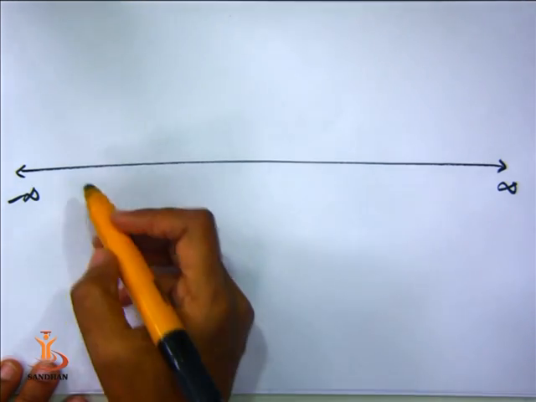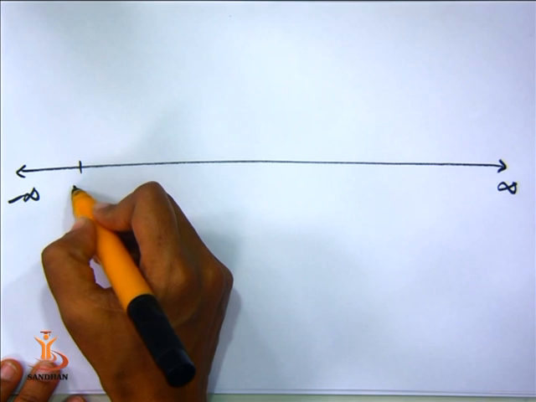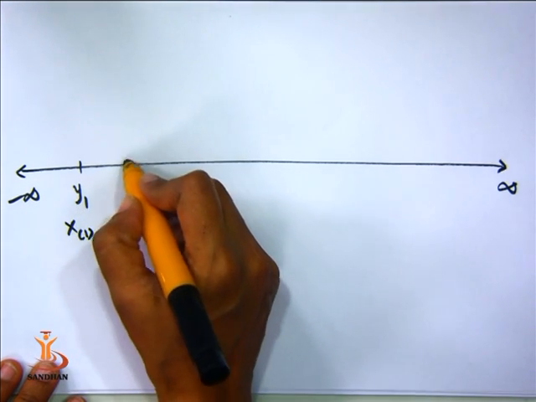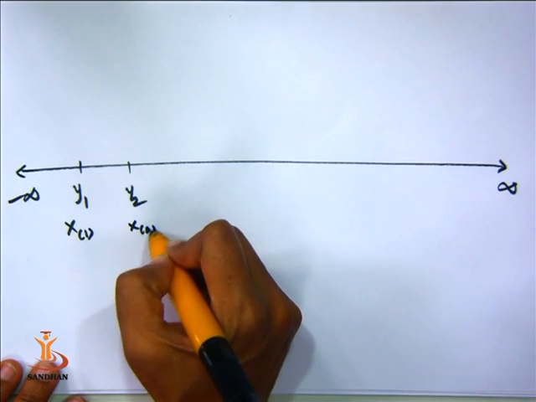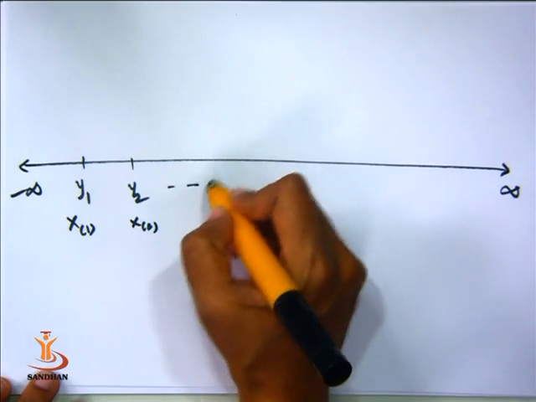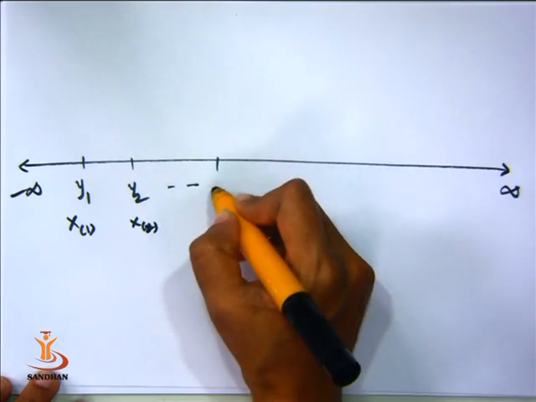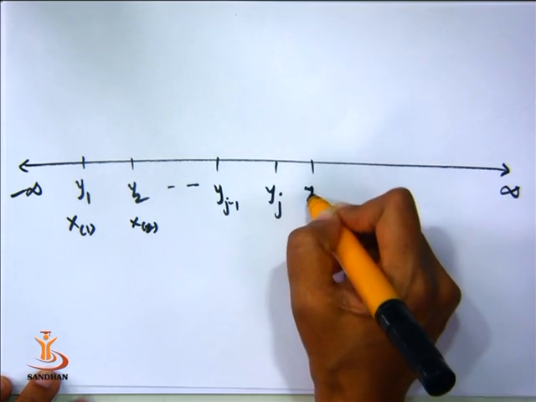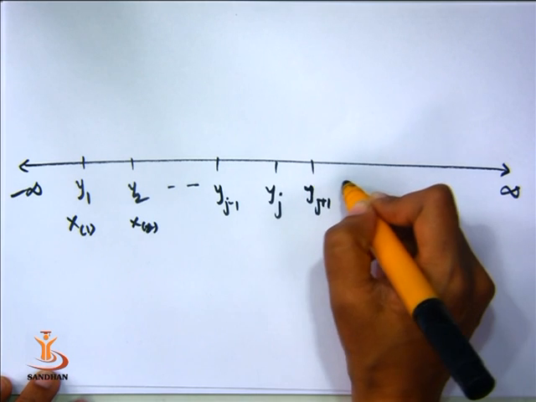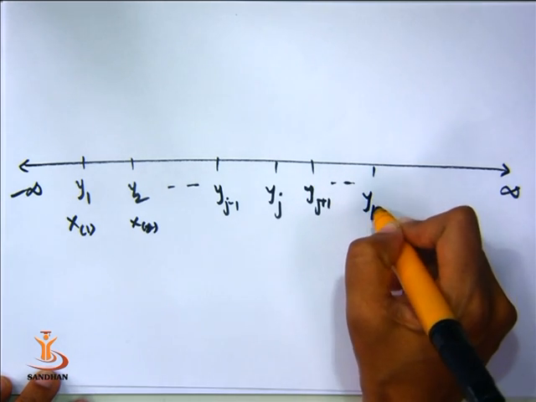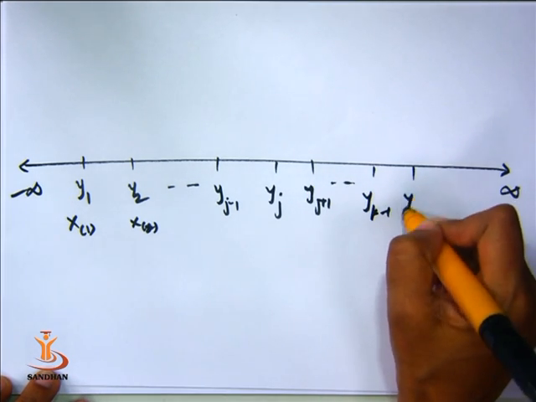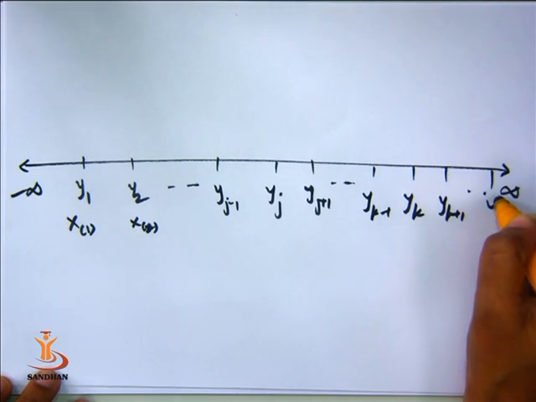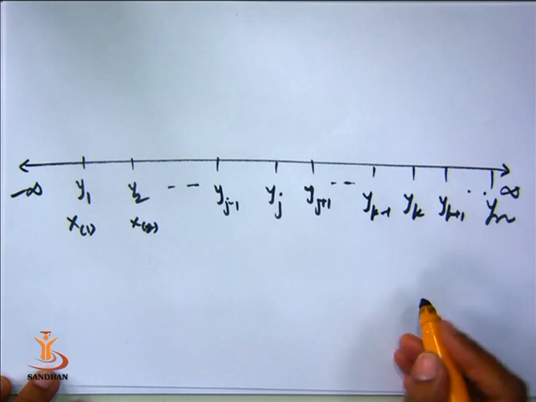Now suppose I denote my first order statistic y1, or I write it as x1. Similarly I have y2, or x2, in order. So I have here yj minus 1, yj, yj plus 1, and so on, yk minus 1, yk, yk plus 1, and so on up to y of n.